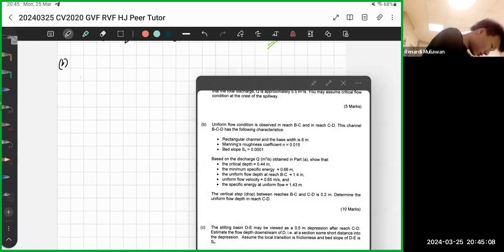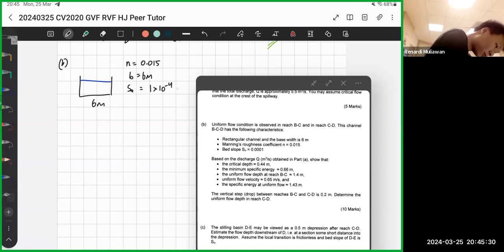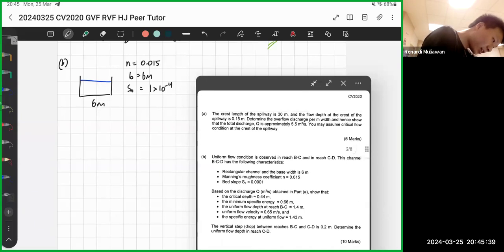Now you have this 6 meters, n is 0.015, B is 6, and S0 is either 1 times 10 to the power of -4. This one is the channel BCD.